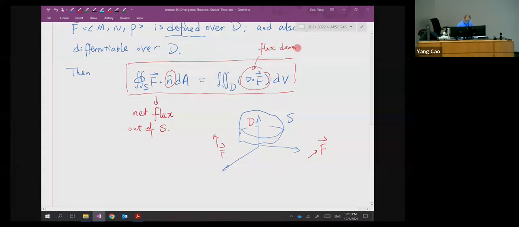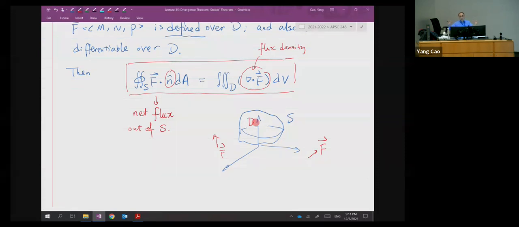If I use plain language to describe this integral, you're integrating flux density over the whole region D enclosed by the surface S. It's like integrating, for example, mass density over a whole volume, or over the whole solid object. What do you get?